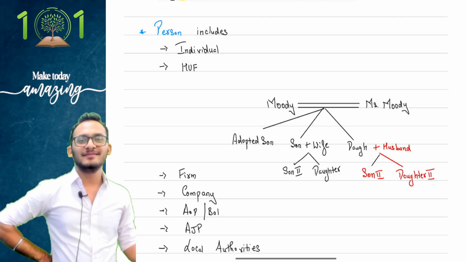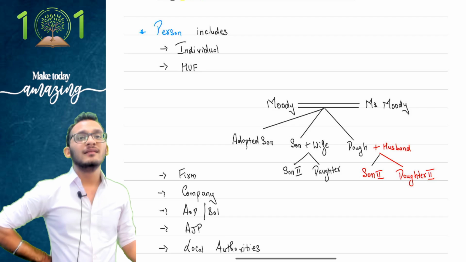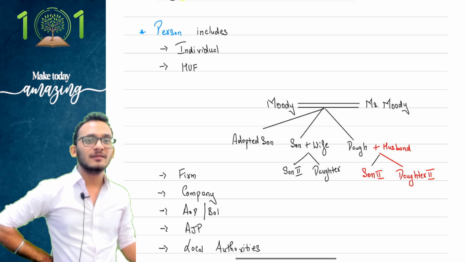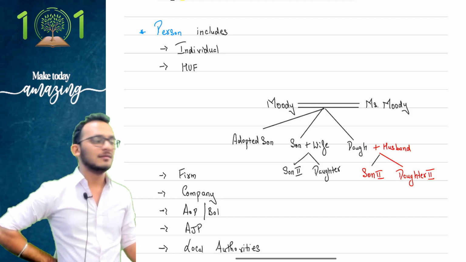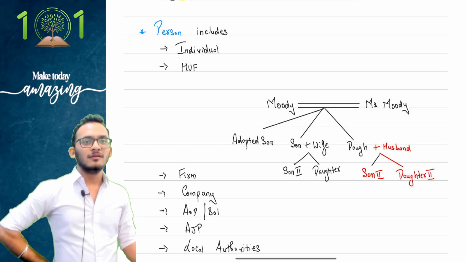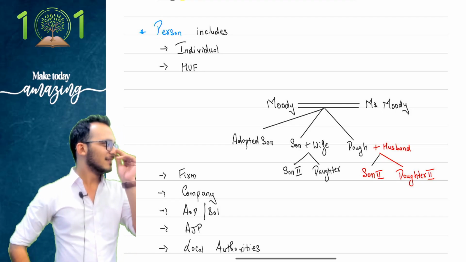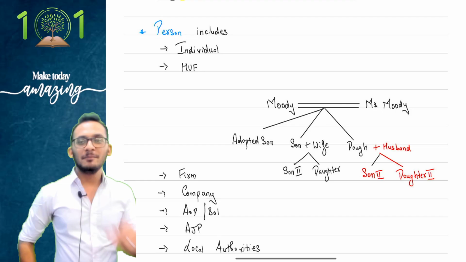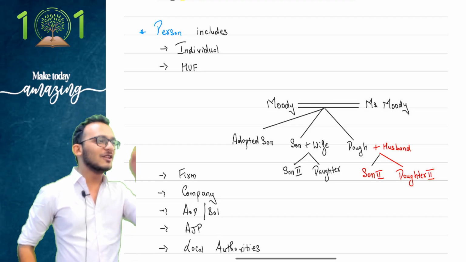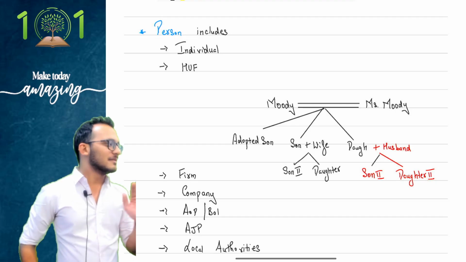Why not? Why? सन की वाइफ कहाँ पे पैदा हुई थी? You said son's wife is a member, no? Member, not member. Member. Yes.